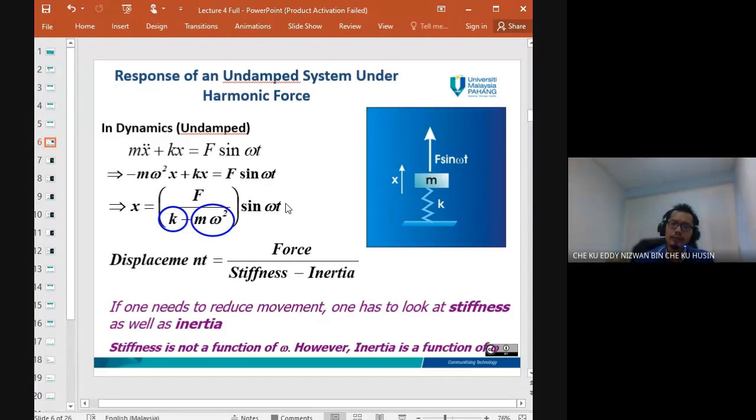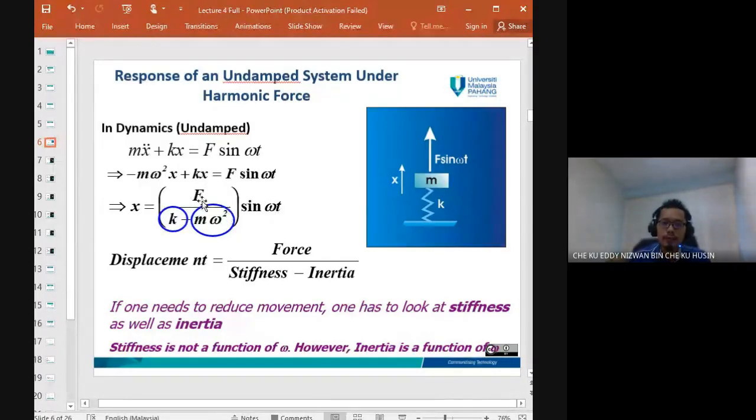So sine omega t refers to the harmonic response, because the force is harmonic, the response is also harmonic, with the same frequency. The frequency doesn't change. If you excite at 10 hertz, the vibration is also 10 hertz. If you change the speed to 20 hertz, the response should also be 20 hertz. So that's common sense.